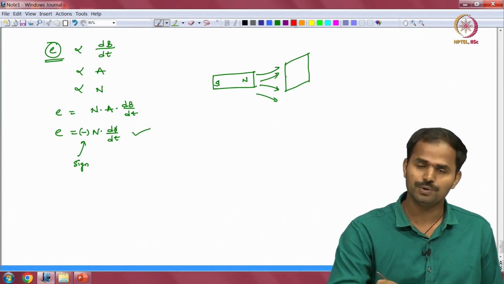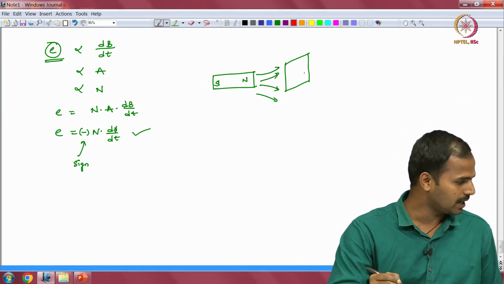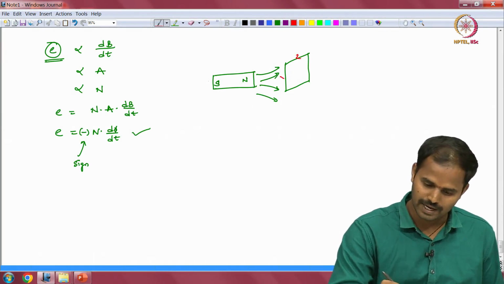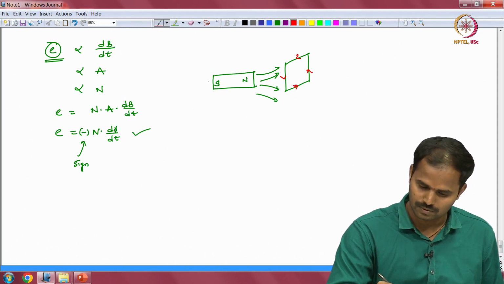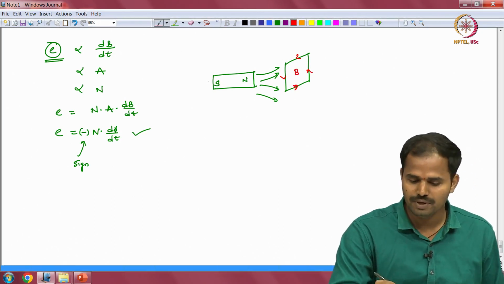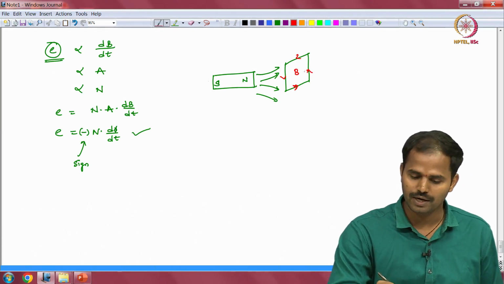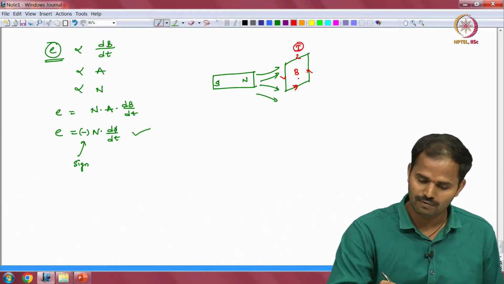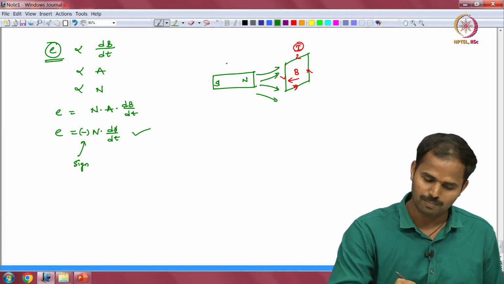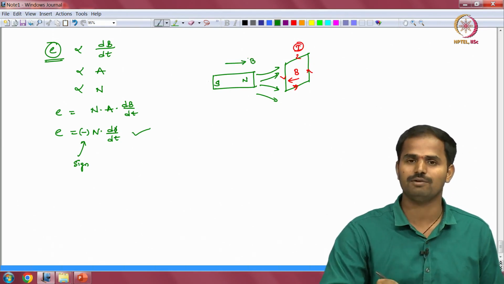Automatically the current will be induced in a closed coil, in this direction. The induced B field due to the induced current is always opposite to the applied magnetic field.